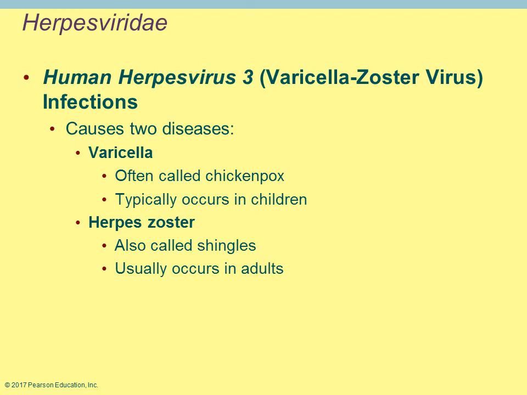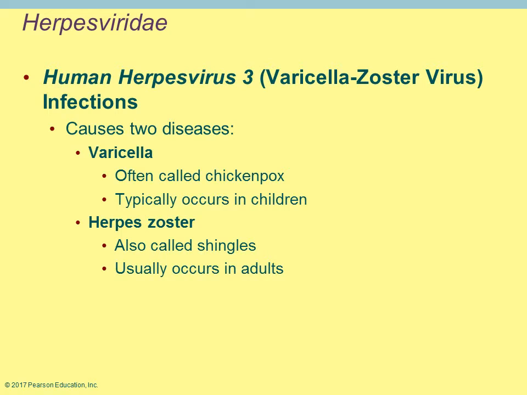Human herpes virus 3, once again, is within this large Herpesviridae family. This is also known as varicella zoster virus. There are two different diseases that are caused: varicella, commonly referred to as chickenpox, and herpes zoster, commonly referred to as shingles.